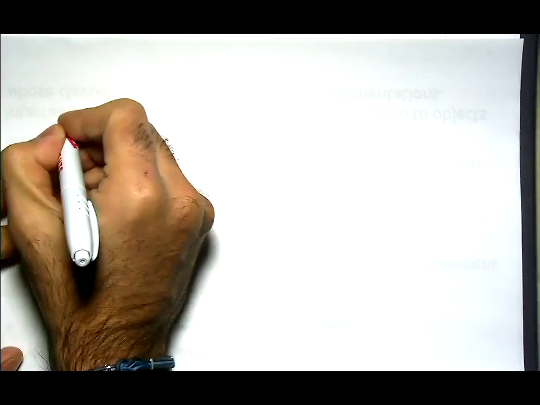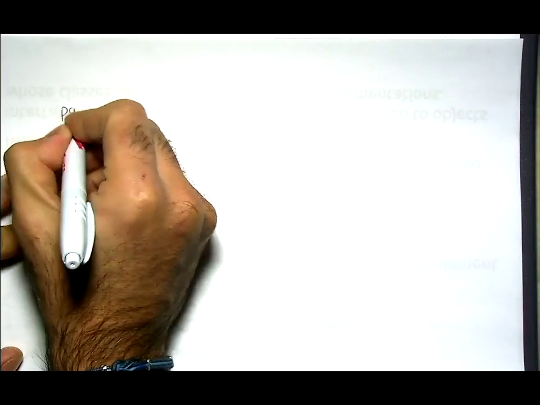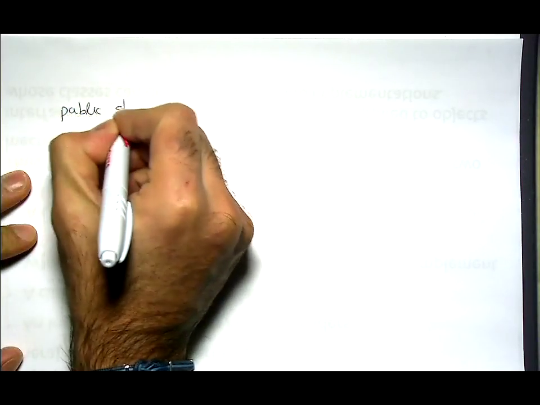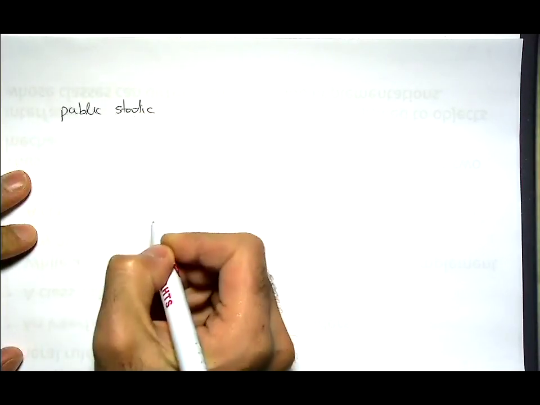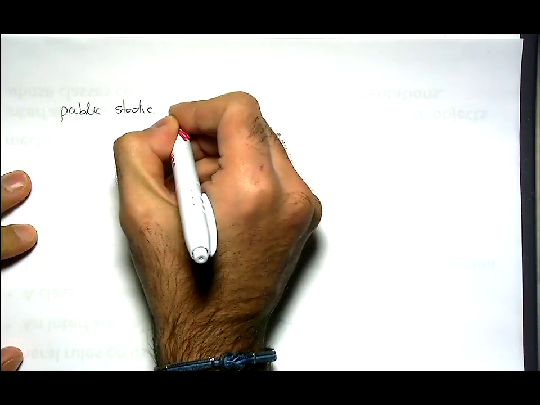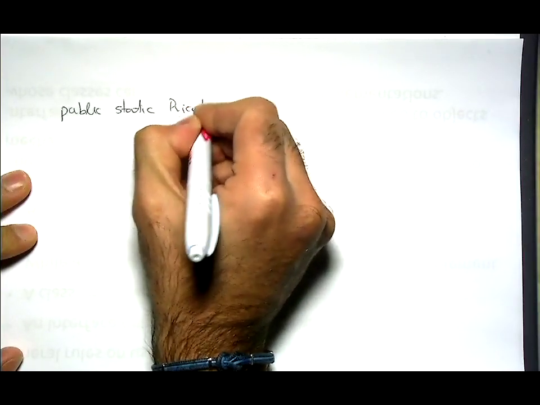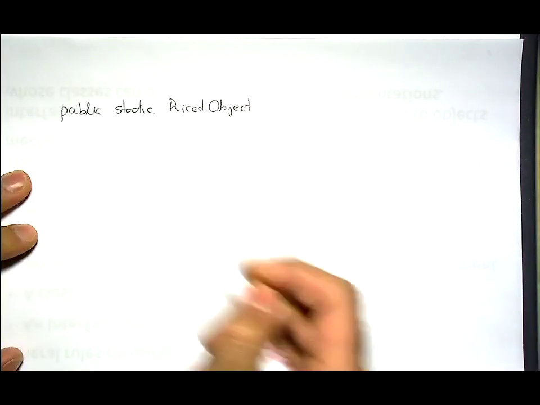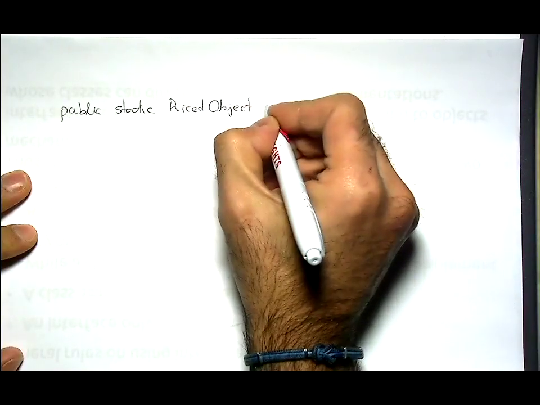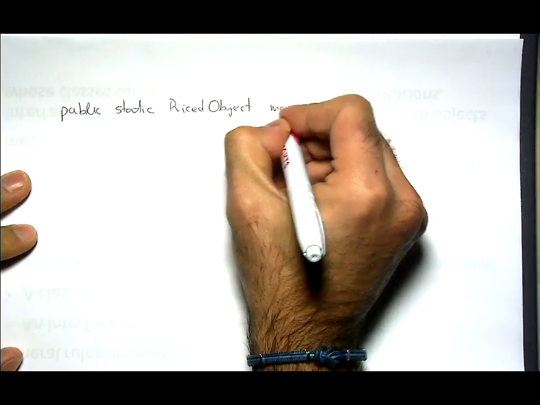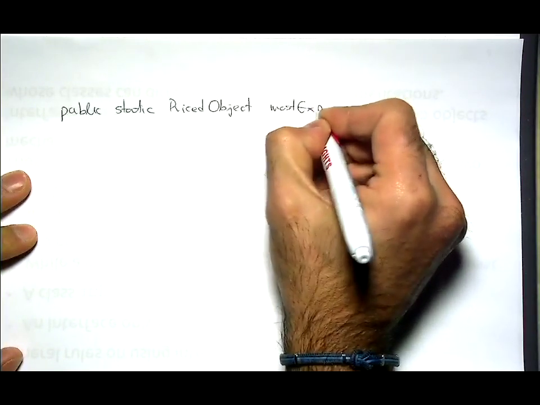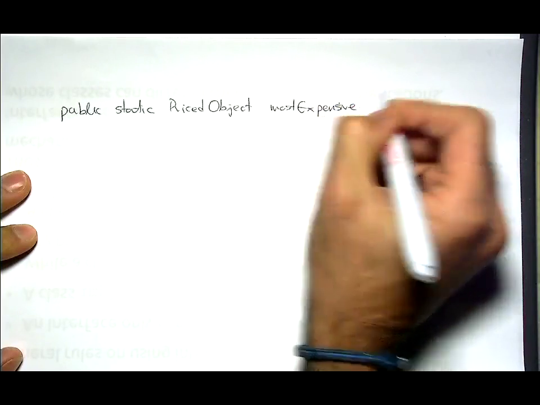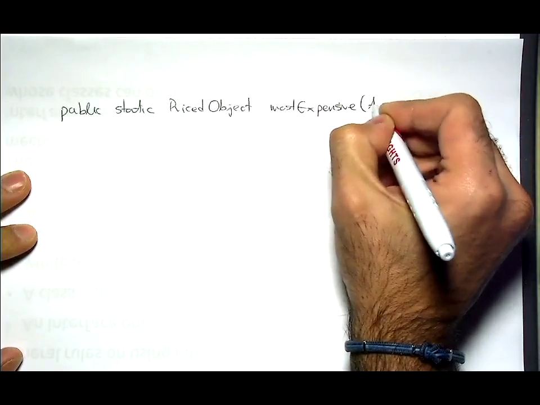So I can write public static mostExpensive.